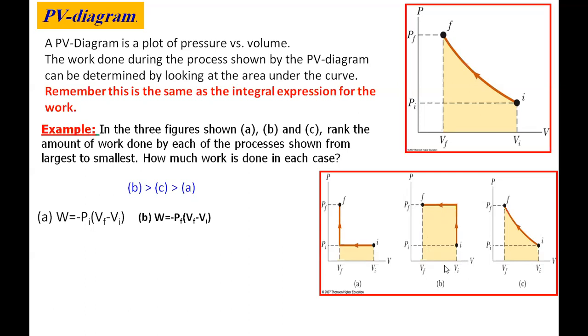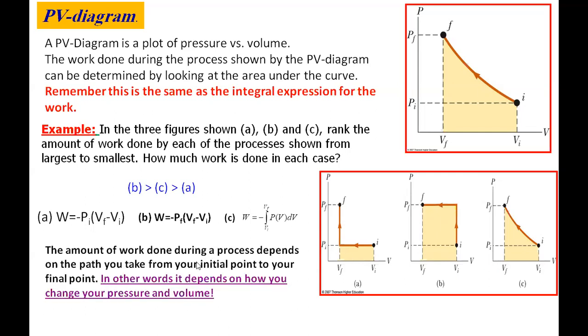This is V final to V initial. And for C, in this case, we can take the integral: the work equals minus the integral of P dV from V initial to V final.